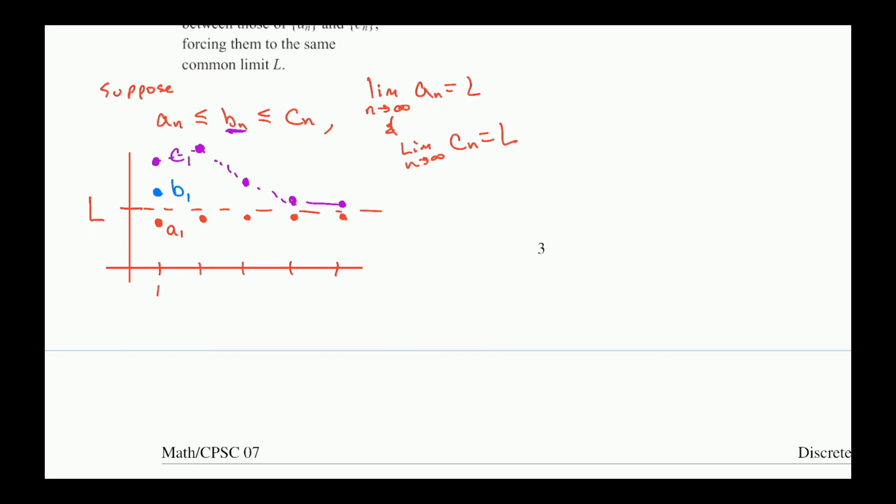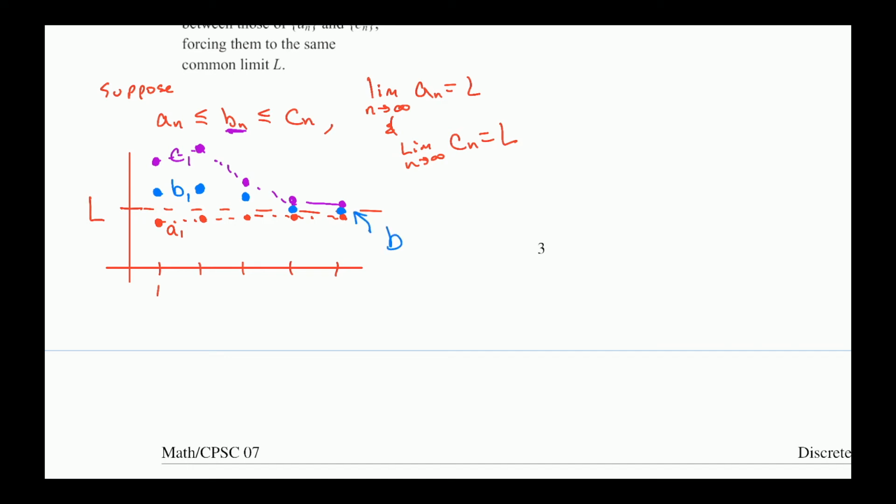Well, where are the B's? Well, the B's are in between. So the B's have to stay between the red dot and the purple dots. So if I draw the B's in, there's not a lot of place they could be once you get out here, right? So the B's are stuck between the other two.